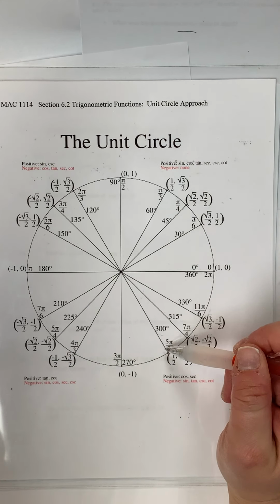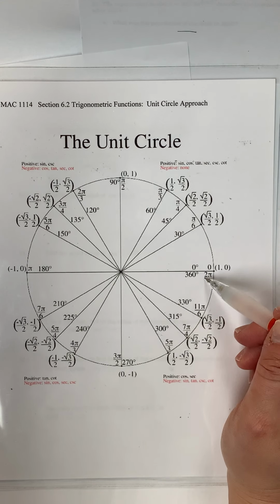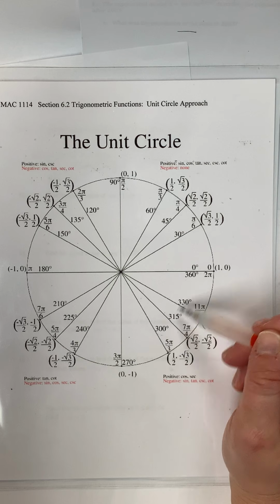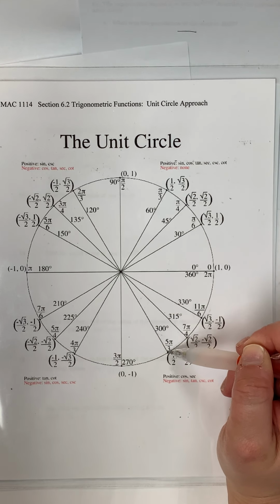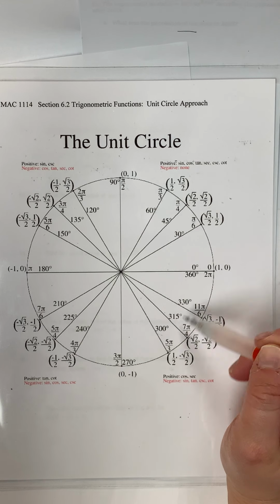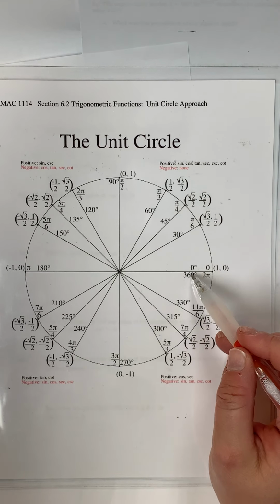So the only way I can get down here is if I sit here and I go the opposite direction, which is negative. So I've got to go this direction. And remember, I just take a negative of the denominator. So instead of positive 5 pi over 3, my answer is going to be negative 1 pi over 3 because I'm going that direction.